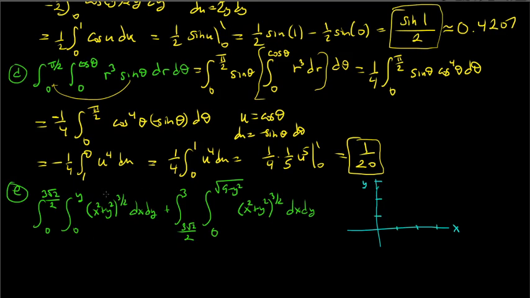All right, so we're going from x equals 0 to x equals y. So here's x equals y equals x. And then y goes from 0 to right around here, 3 root 2 over 2, right? And of course, x will also be 3 root 2 over 2 here.